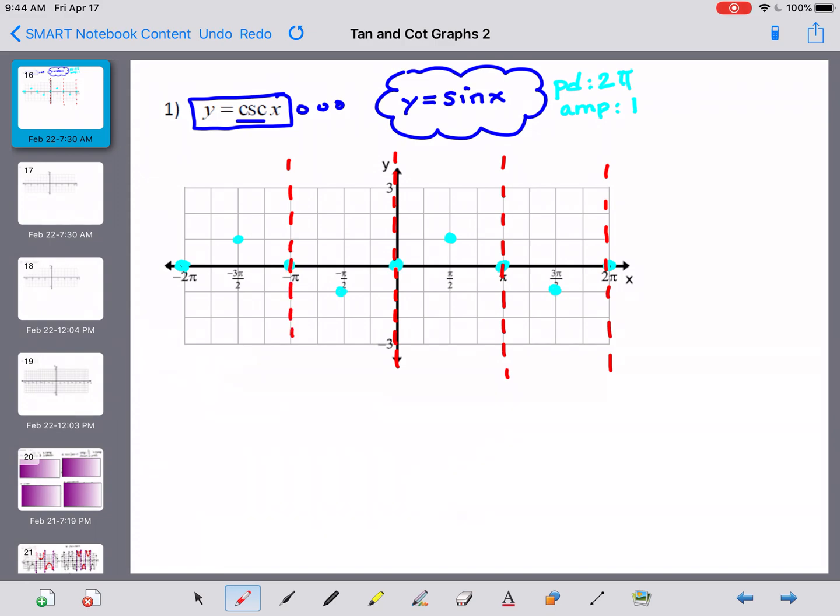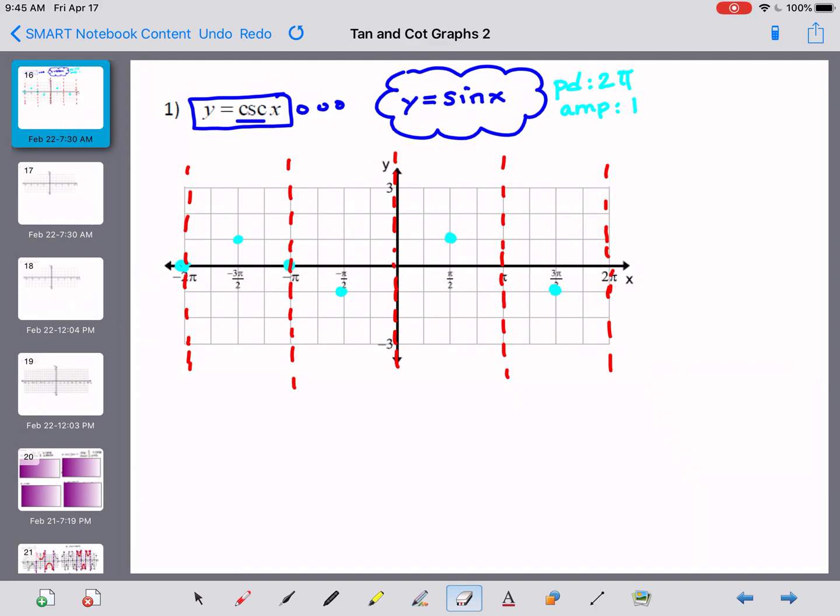So those light blue dots, they're not actually points because this is an asymptote. So if you don't have those dots there, that's great. That's actually what it should look like. If you have the blue dots, fine. Just keep them very light because they're actually not supposed to be there. It's supposed to be an asymptote.